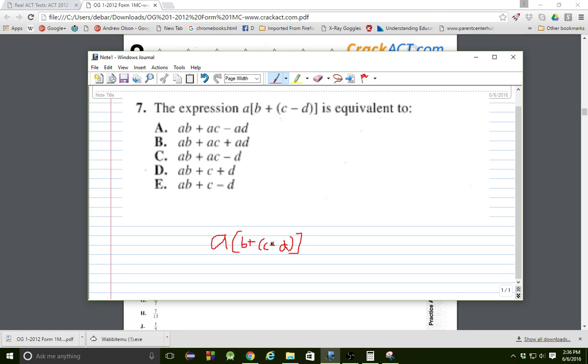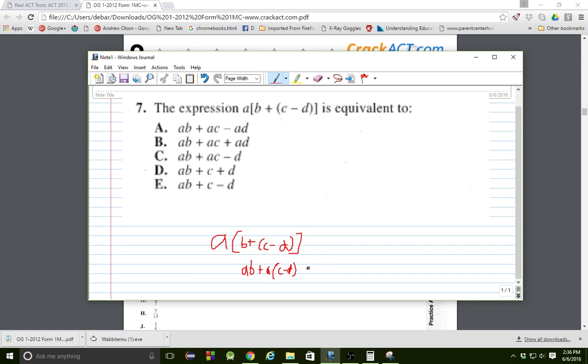You have to distribute A first to both B and C minus D. So this is equivalent to AB plus A times C minus D, and then you have to distribute A to C minus D.